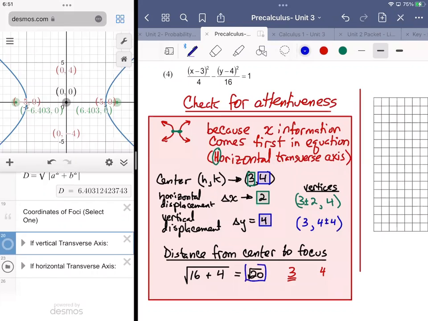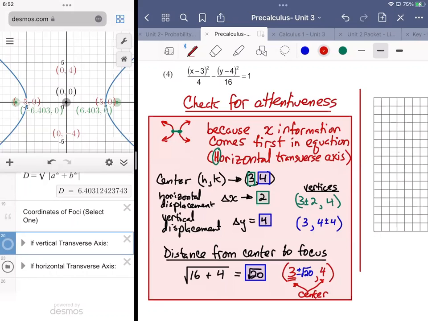So if I know that the displacement value is radical 20, I would do plus or minus rad 20 tacked on to the x value of the center. All right. So this is the center. Because it's a horizontal transverse axis, we tack it onto the x value of the center.